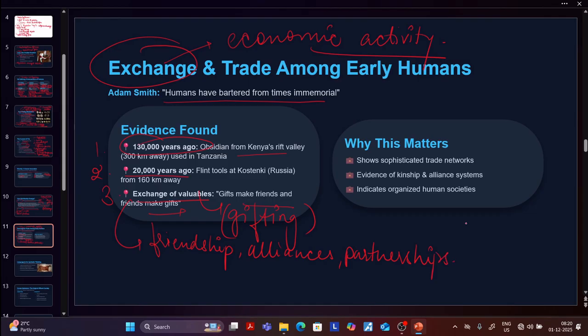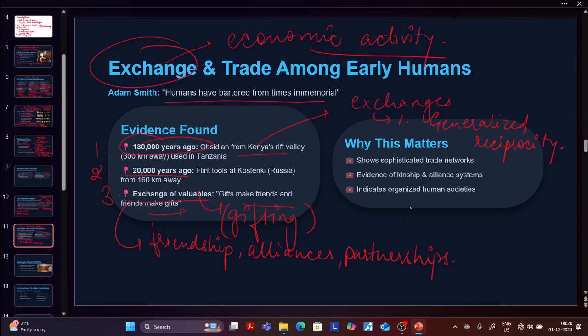Anthropologists distinguish different forms of exchange. First, we have generalized reciprocity, which involves a gift expected to be reciprocated eventually without precise accounting.